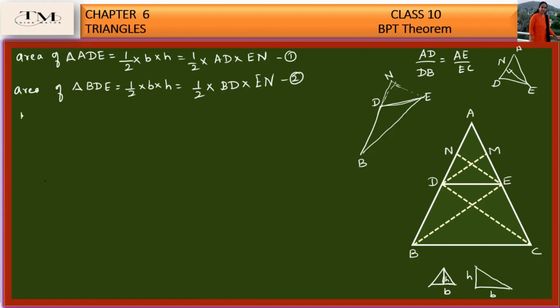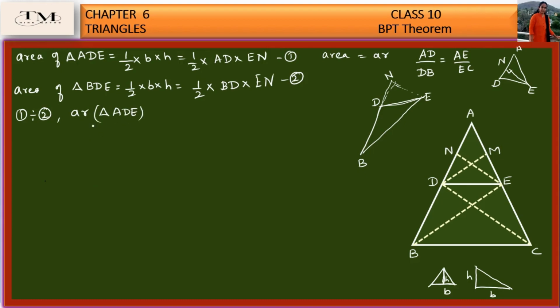So I am going to divide 1 divided by 2. In 9th standard you have studied area is denoted as AR. Okay. So AR of triangle. So we can say area of triangle ADE can be denoted in this way.